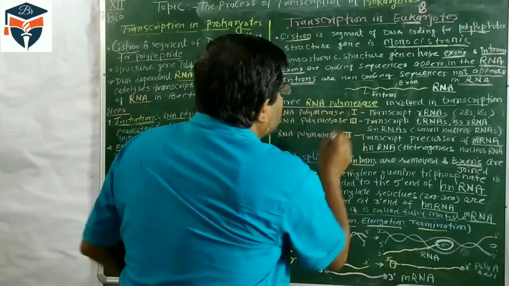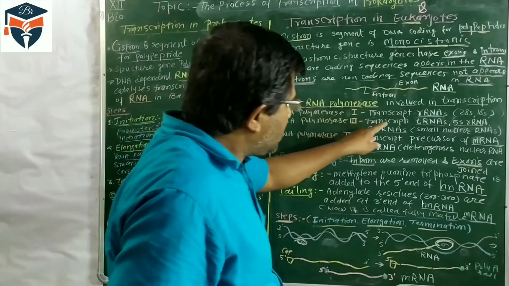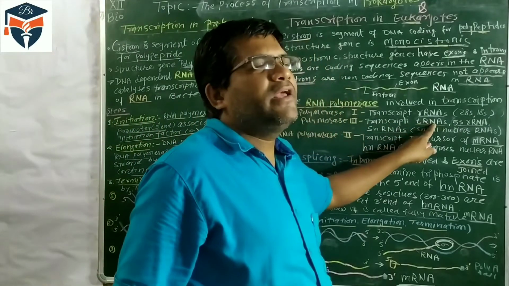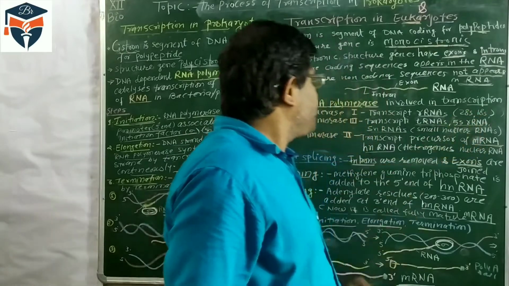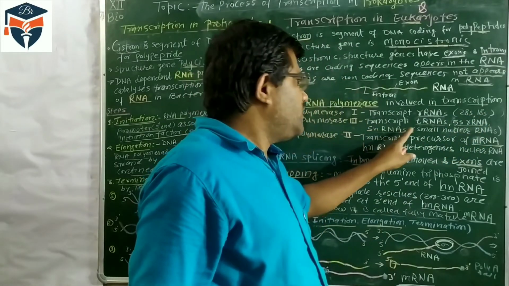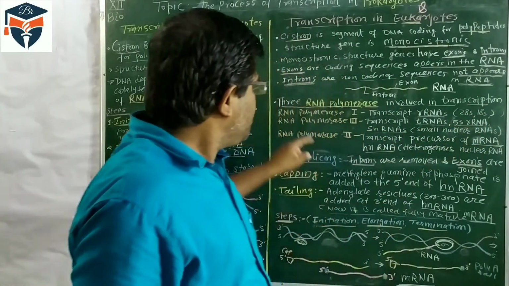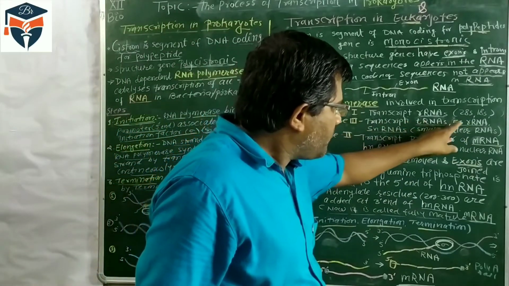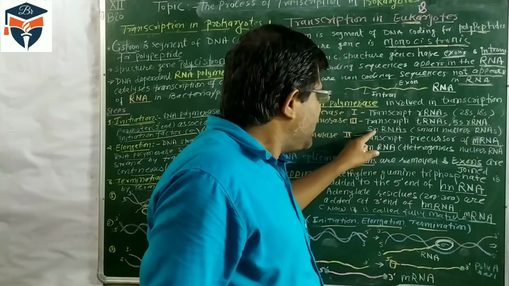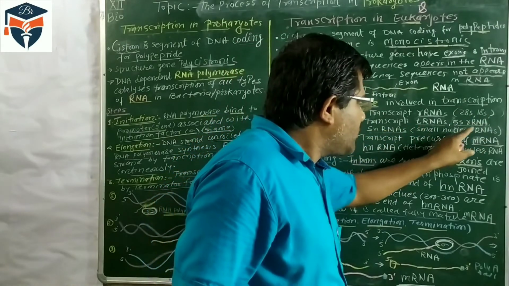RNA polymerase 3 transcribes the tRNA. It means it helps in the formation of tRNA, 5S rRNA and snRNAs, which means small nuclear RNA.